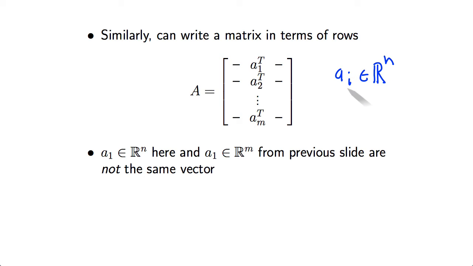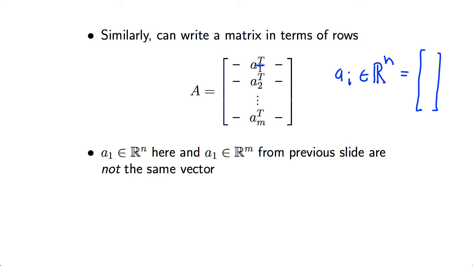So Ai is actually a column vector with n elements. And so if we want to represent a row vector, the ith row of A, we have to transpose Ai. Now it's important to note that Ai here is a vector in Rn. So for example, A1 would be a vector representing the first row of this matrix.